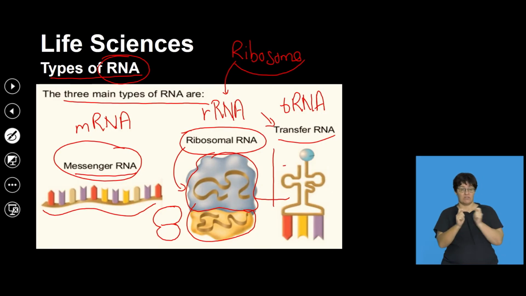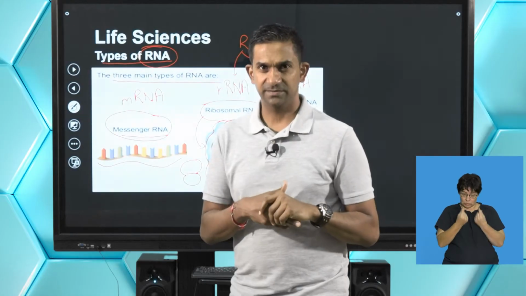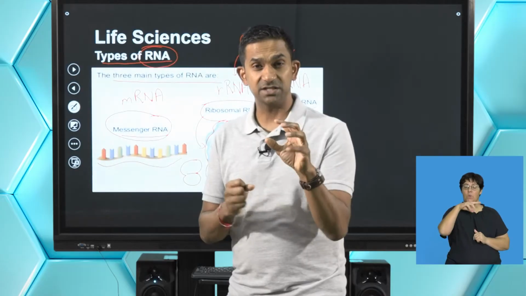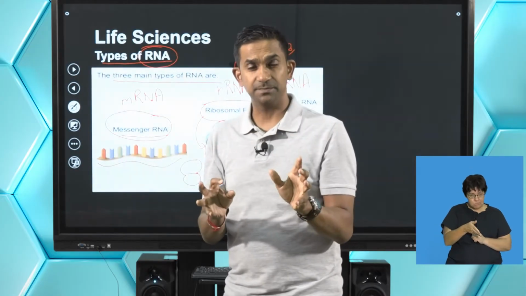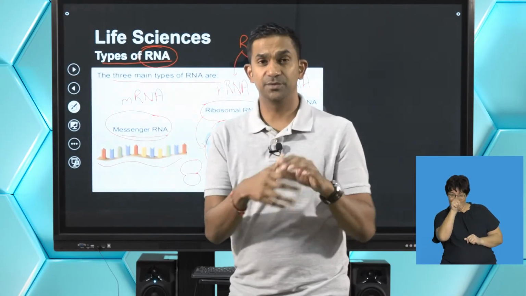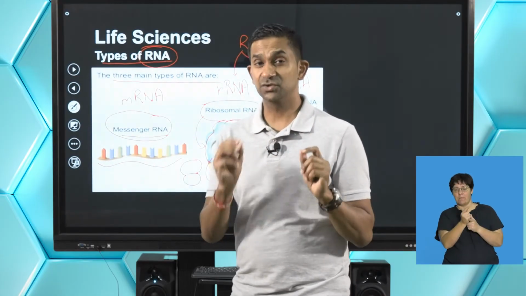In the name transfer, we refer to a molecule of RNA that will transfer what we need to make proteins. In this case, the transfer RNA is transferring amino acids which are present in the cytoplasm. These are transported to a specific site where the proteins are manufactured, and that's the ribosome.